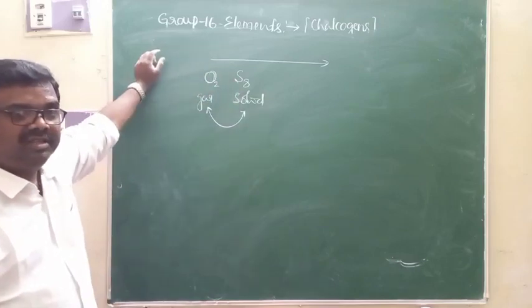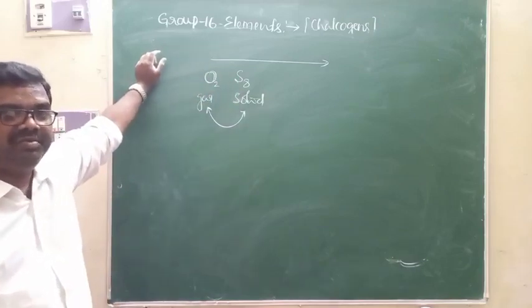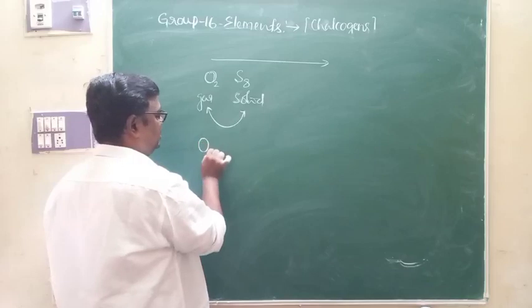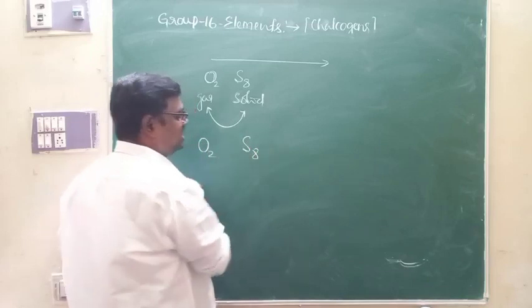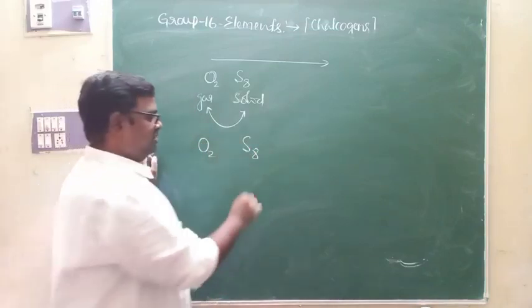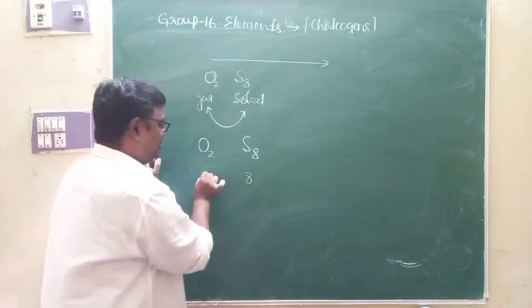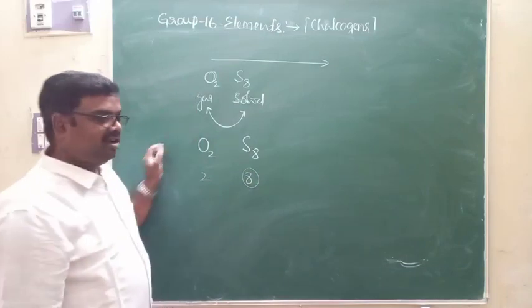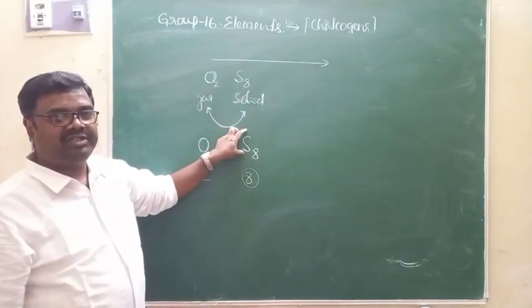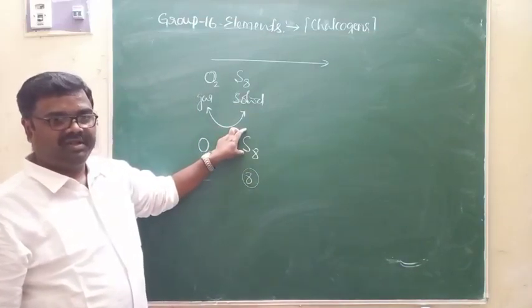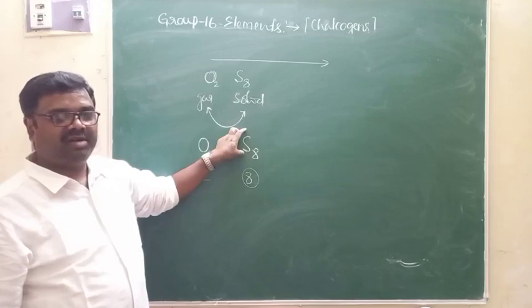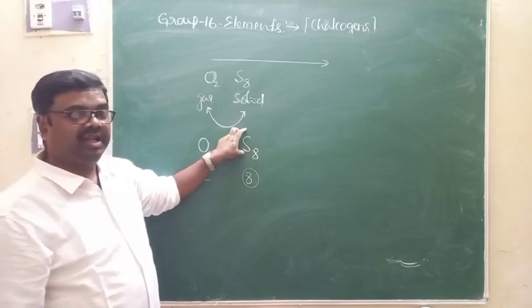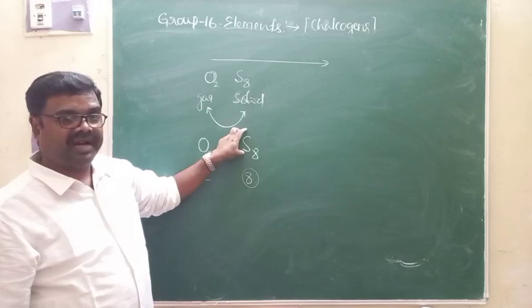Just observe, there is a huge difference in melting and boiling points because oxygen is diatomic, sulfur is octatomic. The atomicity of sulfur is 8, the atomicity of oxygen is 2. Because of that high atomicity, there are 8 atoms involved in the formation of a molecule of sulfur. That is what we call octatomic sulfur, and it forms a cyclic ring of 8 sulfur atoms.